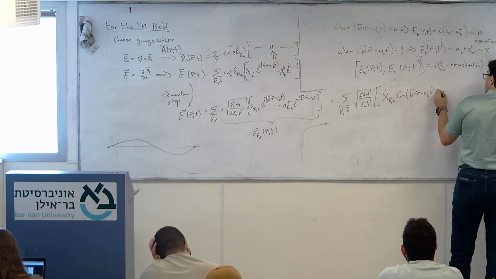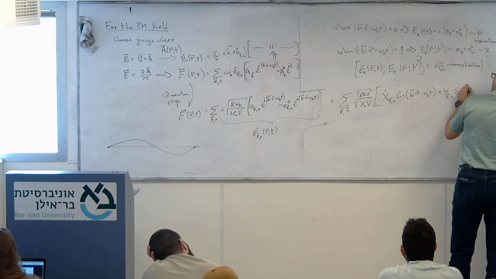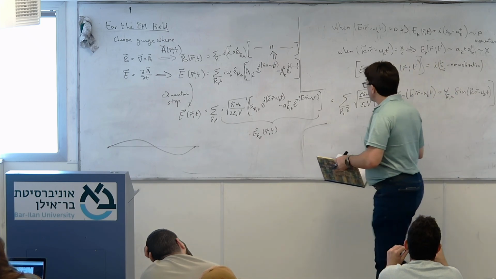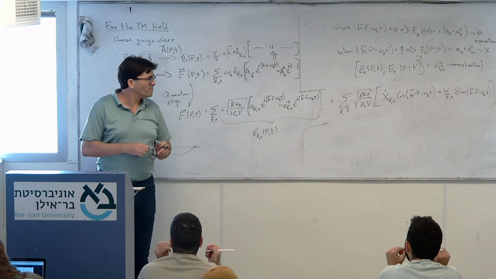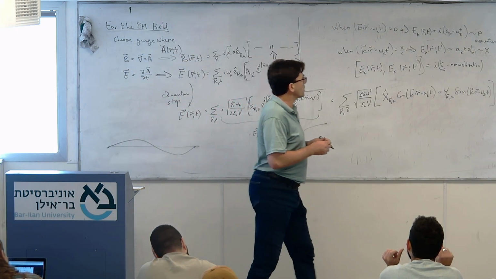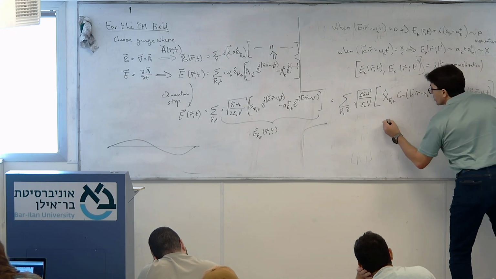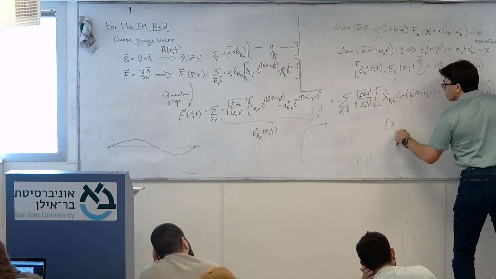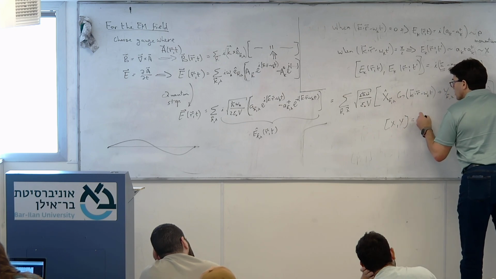plus y of k and lambda times sine of k dot r minus omega_k t. And they are defined like that because the relation between x and y, of course for the same k and lambda, is just i.